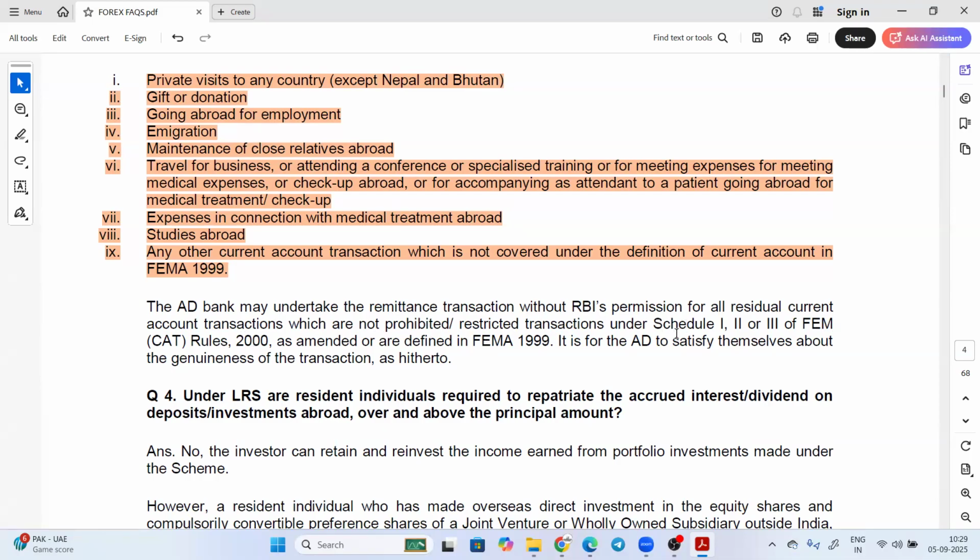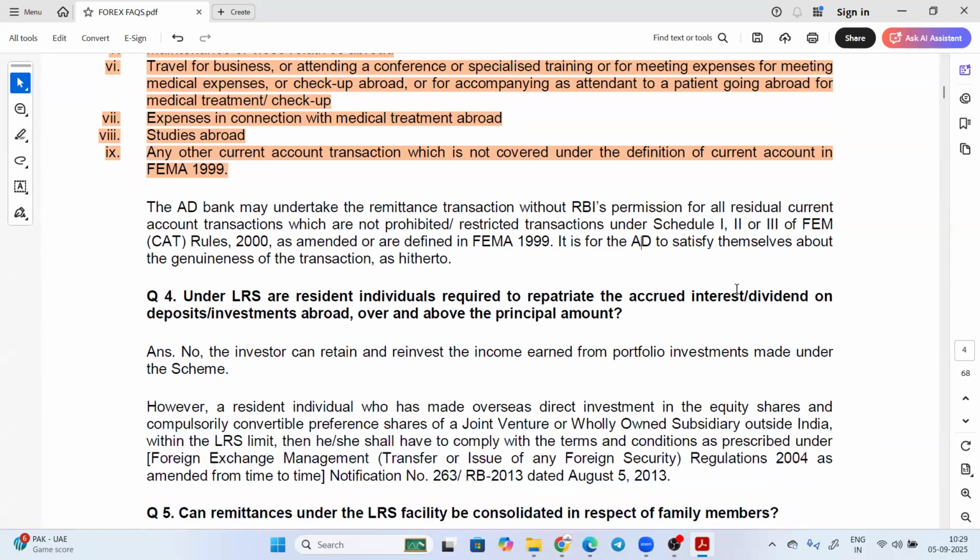It is for the AD to satisfy themselves about the genuineness of the transaction as hitherto. So RBI has put the responsibility on the authorized dealer banks to be satisfied about the genuineness of the transaction.